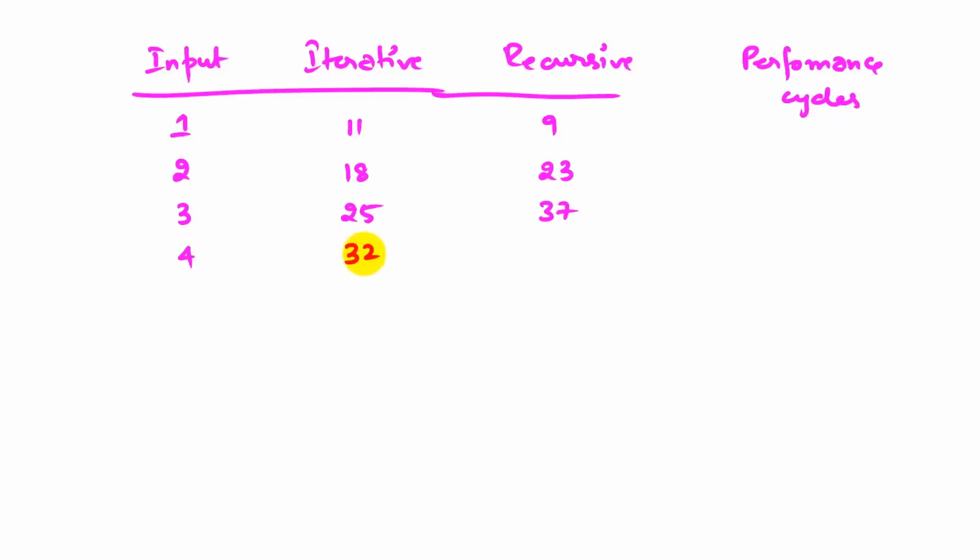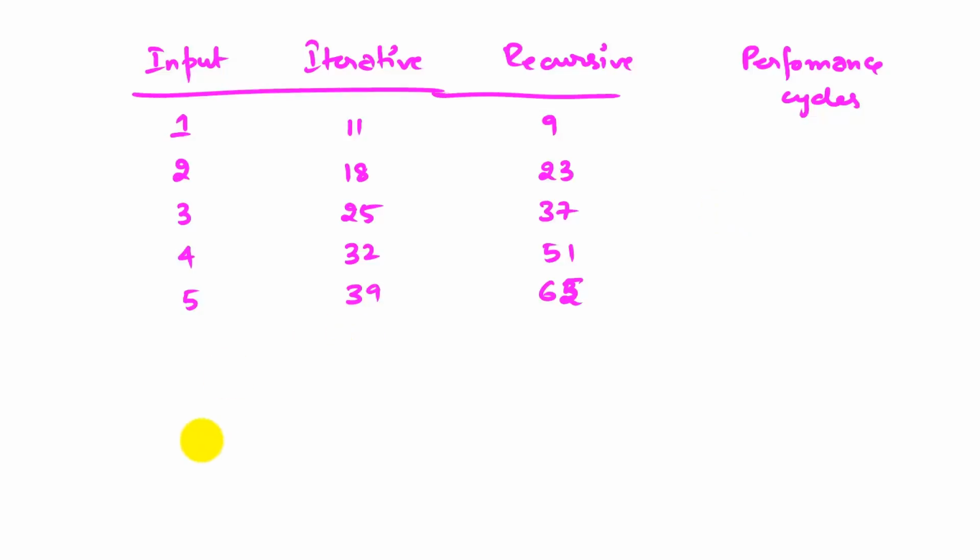And then it goes to 32 cycles, this one goes to 51 cycles, and by the time even a small problem size of 5, we're already looking at a performance where the recursion is almost doubling the cost in terms of cycles. Now these are just measurements. There is no way of calculating this. This is observed in our own measurement.